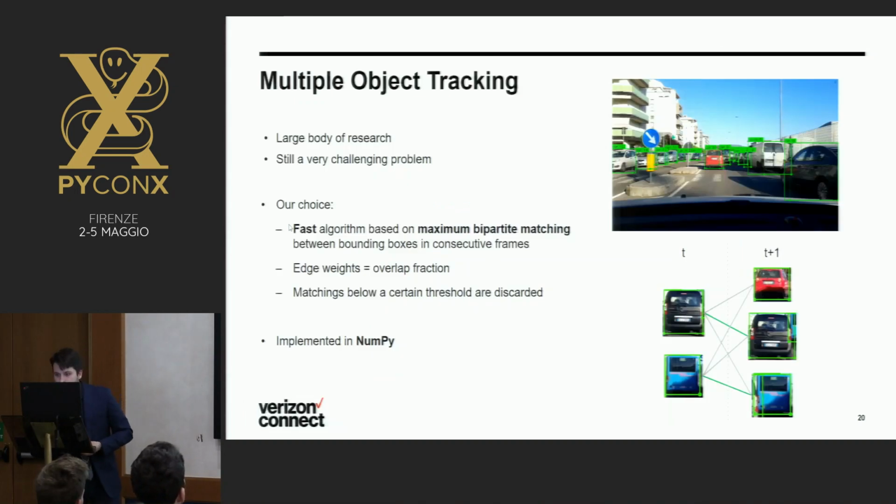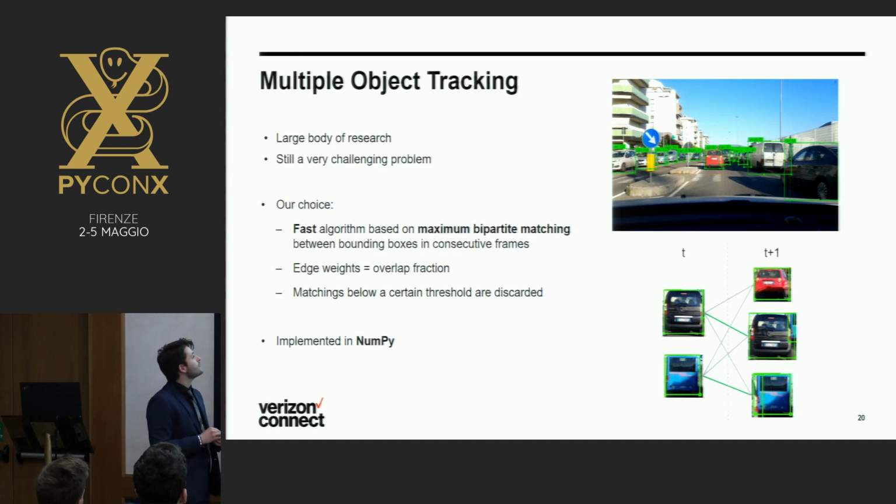Then the other phase, once we have the bounding boxes for each entity in the video, is to perform multiple object tracking, which is identifying objects and matching them across the frames. This is quite a challenging problem. It has a large body of research. In our case, we chose, as I said, a fast algorithm, which is quite accurate, but probably there are more accurate ones out there.